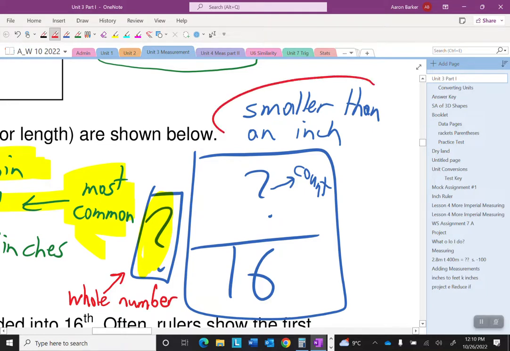If it's smaller than an inch, then you have to count the lines to figure out how many sixteenths you have. Write this down. All you're doing is counting lines. Everyone can do that. Everyone should be able to get half marks for this section.